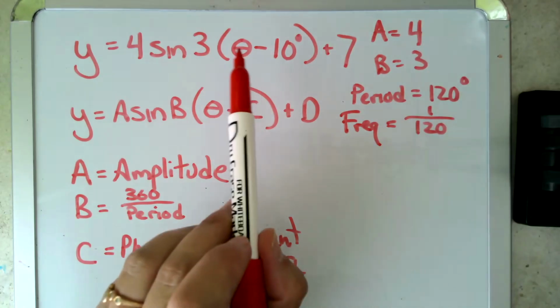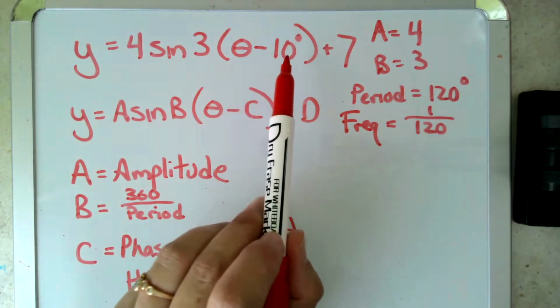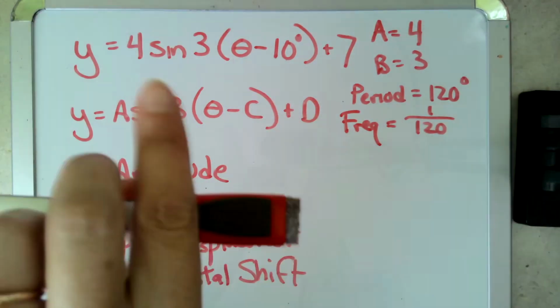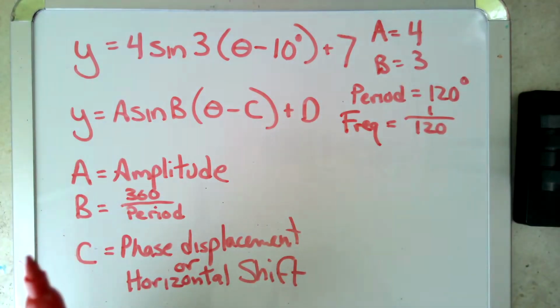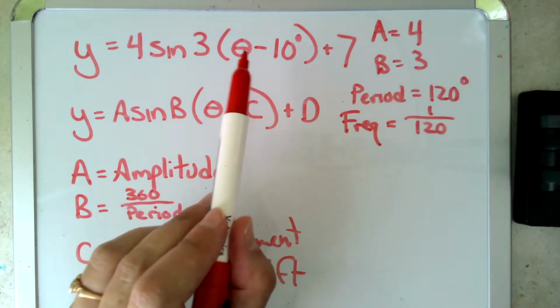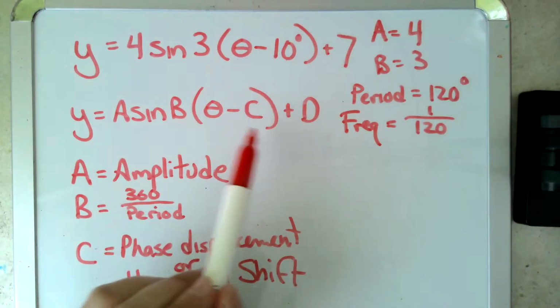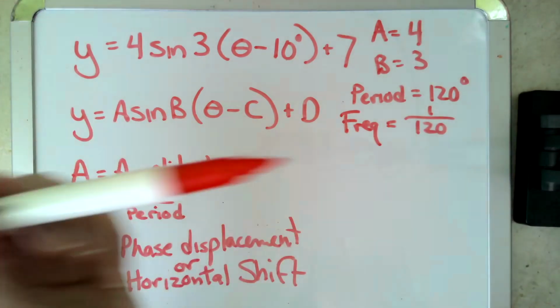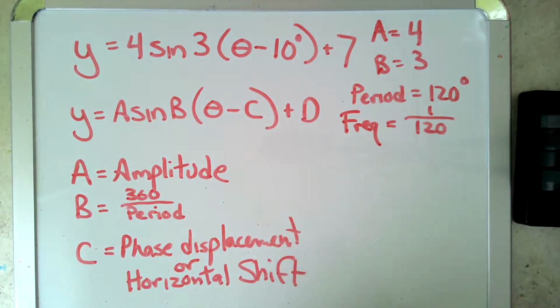If I am looking at theta minus 10, that minus makes it look like that would be 10 degrees toward the left. It is the opposite of that, because in order to have theta minus 10, my C was positive 10, and that means I am moving it 10 degrees to the right.